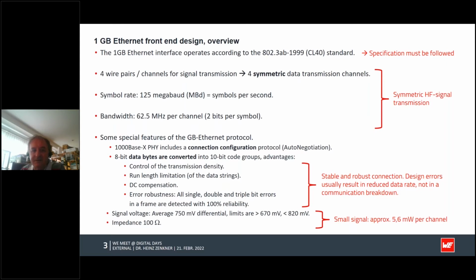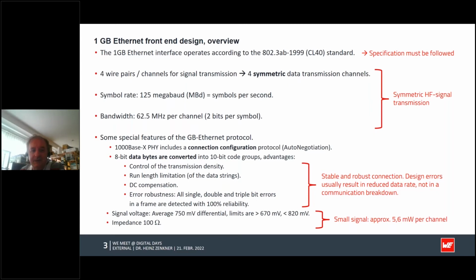The special features of the gigabit Ethernet protocol make it a challenge. Why? Because the PHY itself has a so-called auto negotiation, which means there is a connection configuration protocol, which in a second layer then takes care of the robustness of the connection.